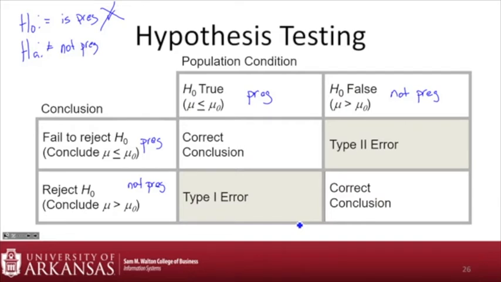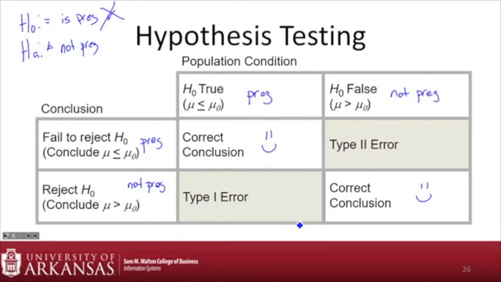So if you're actually pregnant, and we do our statistical test, blood test, pill stick, whatever, and it says you're pregnant, yay! Your test says you're pregnant, life is good. What if you're not pregnant and the test says you're not pregnant? Life is still good. Yay!